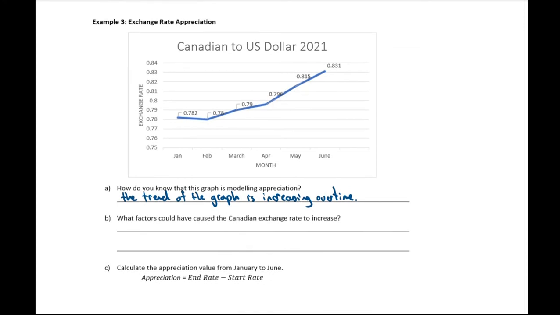So what factors could have caused our exchange rate to increase? Or the value of the Canadian dollar to increase? You could think about the economy opening up. Right? So when stores started to reopen, or online shopping, a lot of people prefer to online shop.